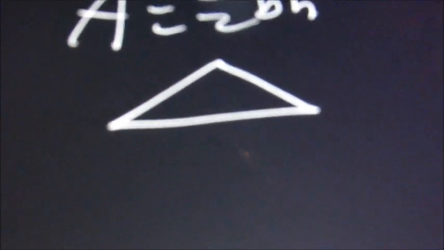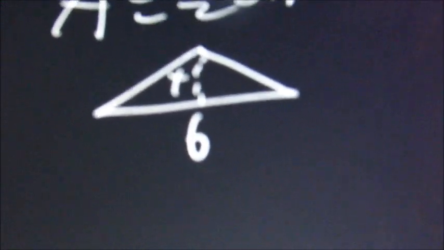The next thing we're going to do is area. And area equals 1/2 base times height. Now we've done some of these. So let's say that we have this triangle, and the height is 4, and the base is 6.